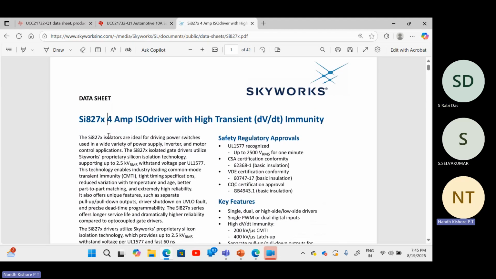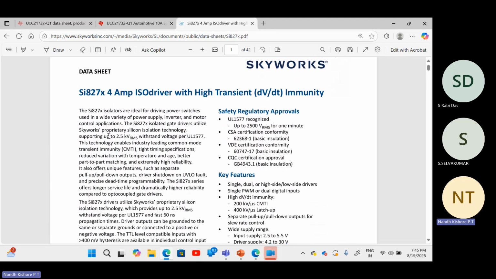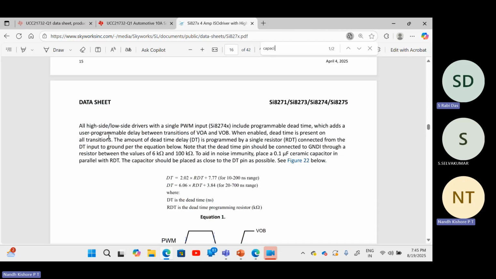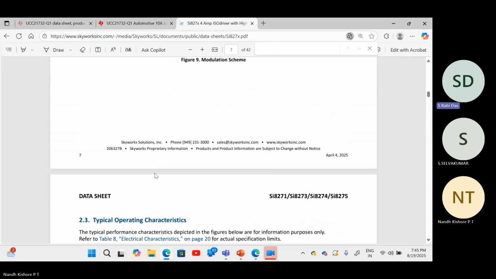It has isolation, opto based isolation as well, right? Opto or capacitive isolation. I don't exactly remember what isolation it uses, but I think it is semiconductor based.